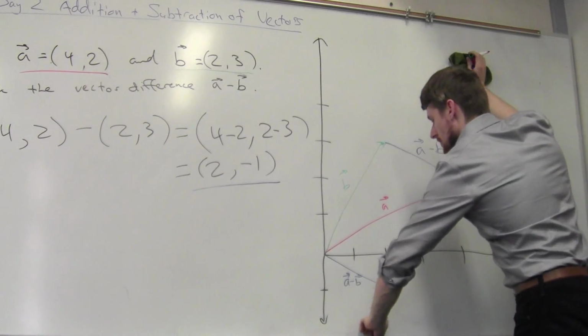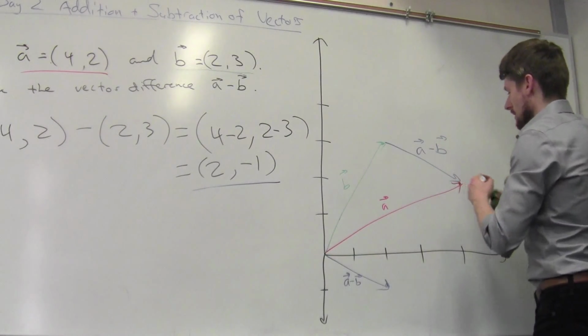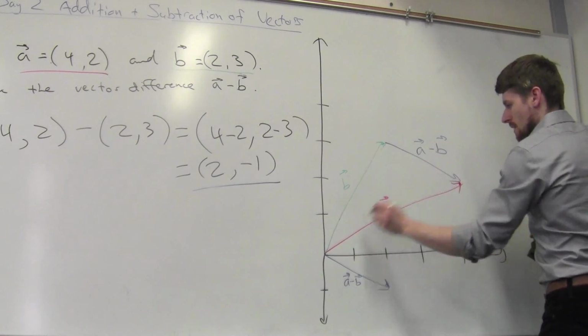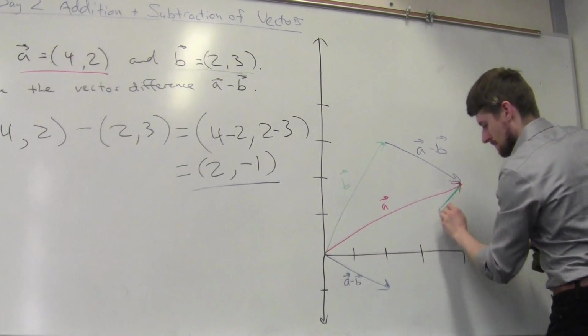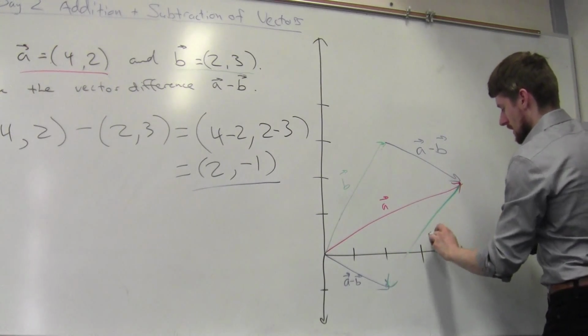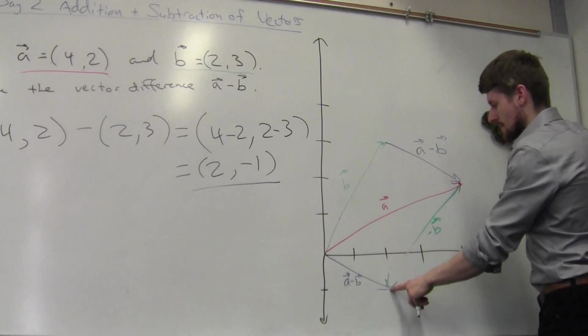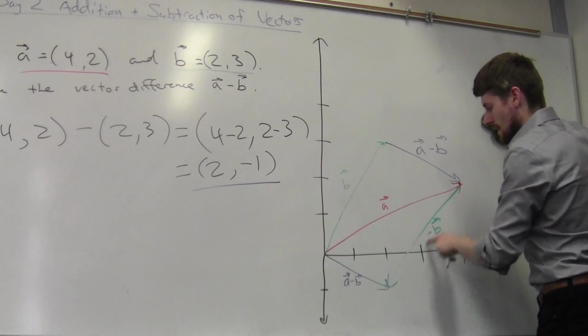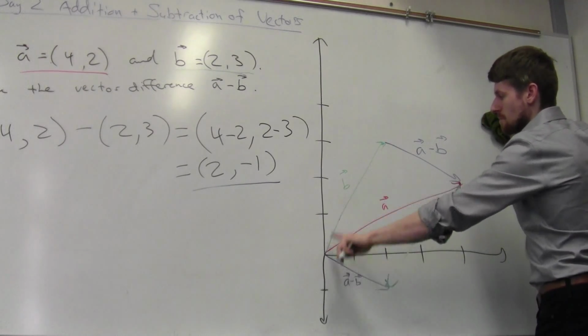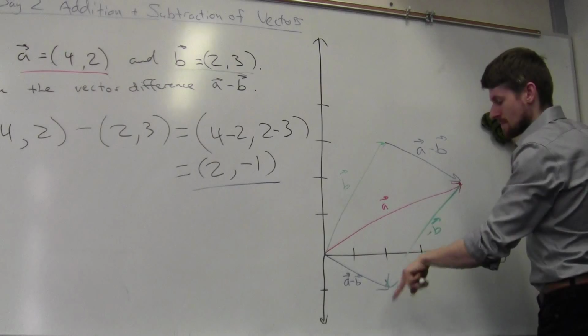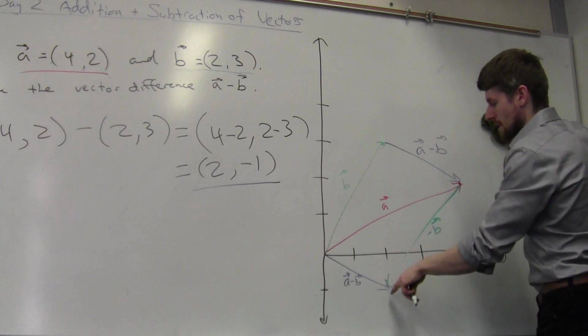And basically what we're doing is we're going A, and then we go negative B. This is negative B. And this is where we wind up. We go A, and then negative B, which is the same length as B, but in the opposite direction. And it sends us to this point right here.